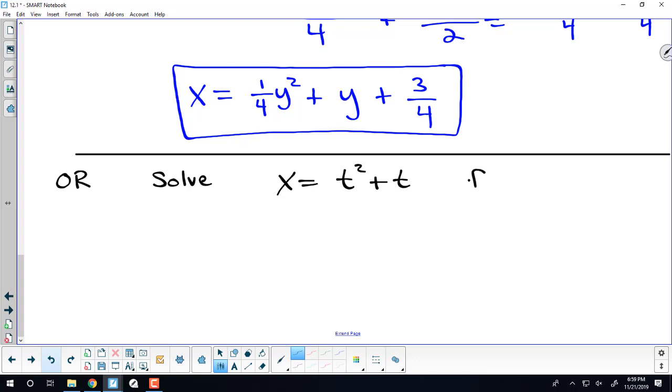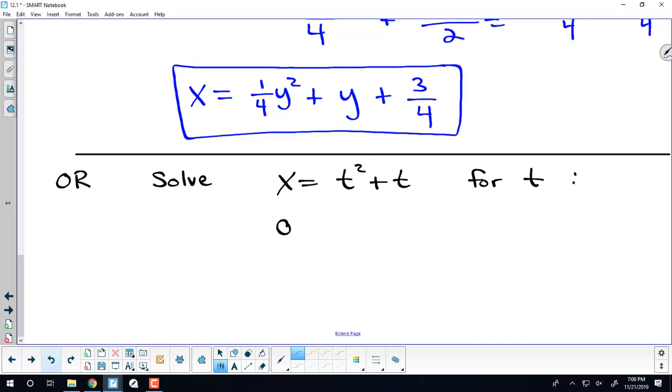Solve this for t. How do we solve that for t? So the variable we're solving for is t. Clearly it's t squared plus t, so that's quadratic in t. Again, if this were all 0, we just factor out a t and set both factors equal to 0. That's not the case.